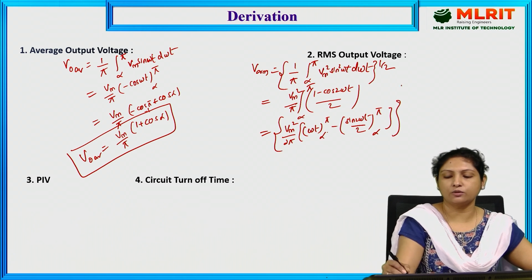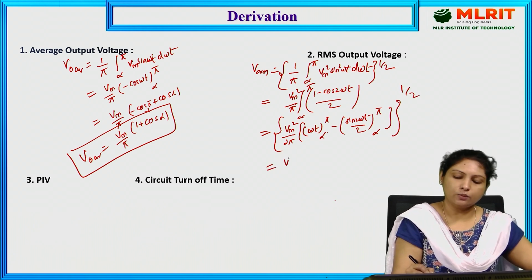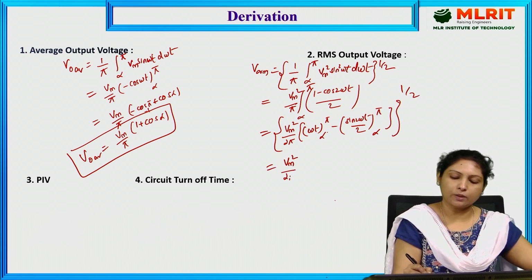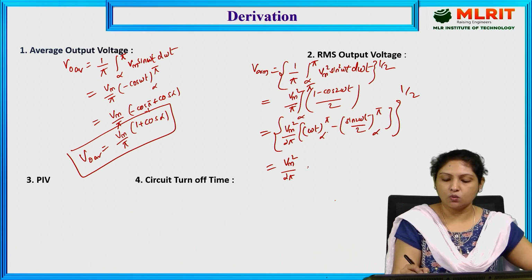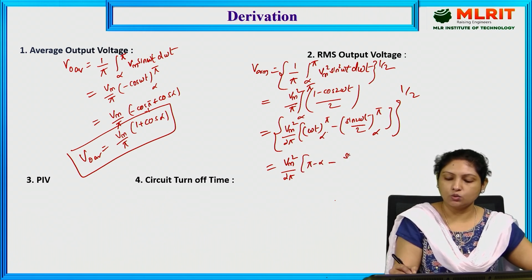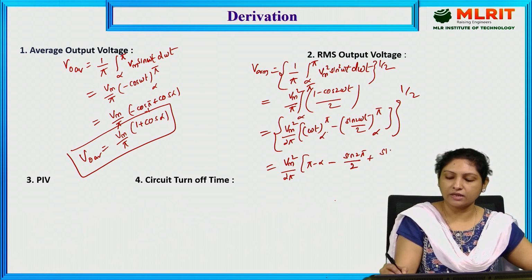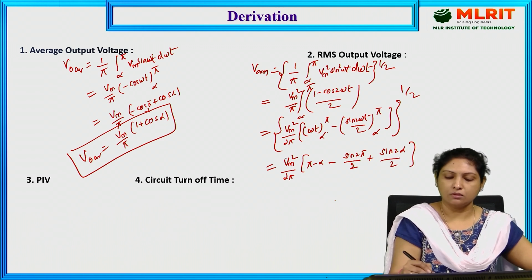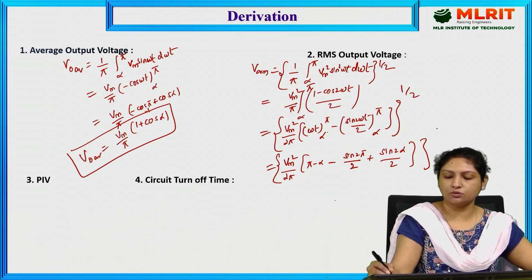Here, Vm square by 2 pi, upper limit minus lower limit: pi minus alpha, minus sin 2 pi by 2, minus of minus plus sin 2 alpha by 2, whole to the power of 1 by 2.